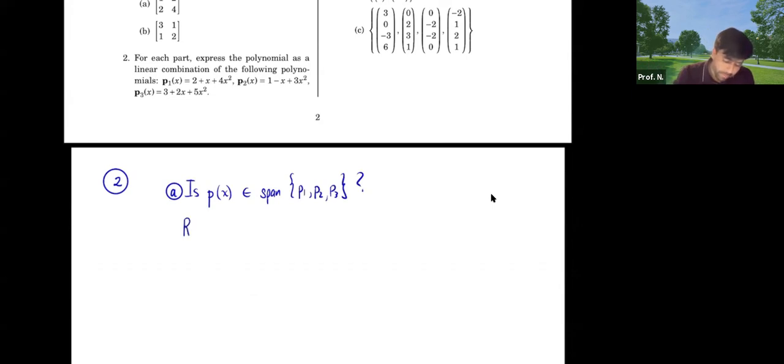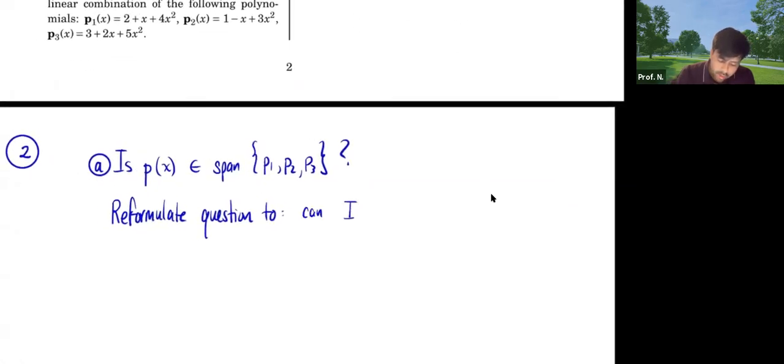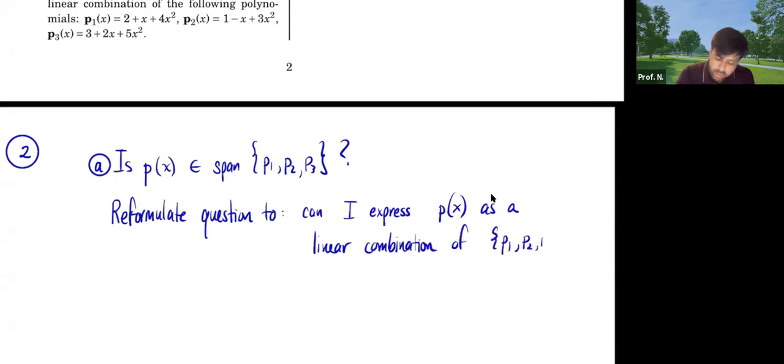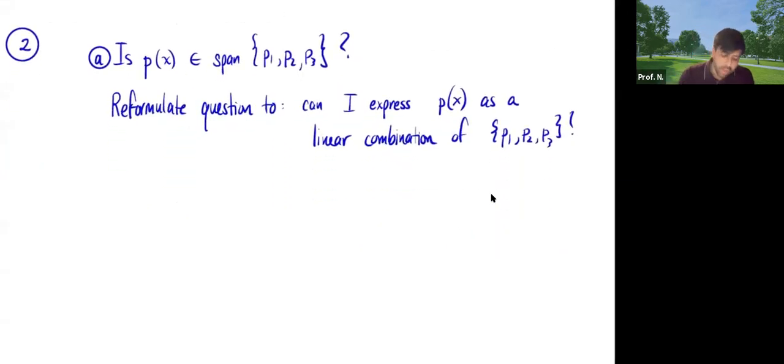Reformulate this question: can I express P of X as a linear combination of the set P1, P2, P3? That's the question I'm asking about span. Equate span immediately with linear combination. That's what it is.